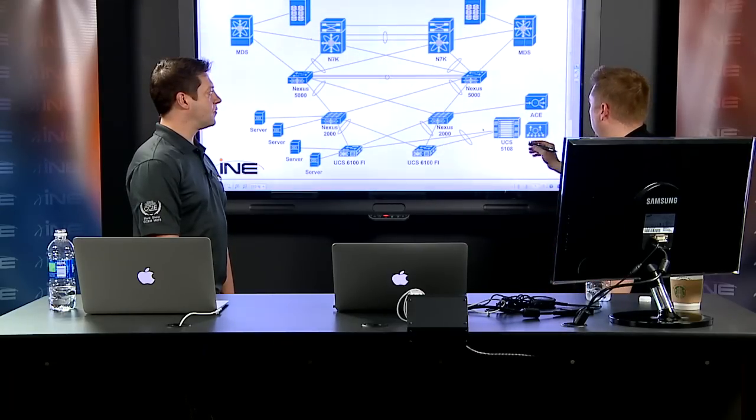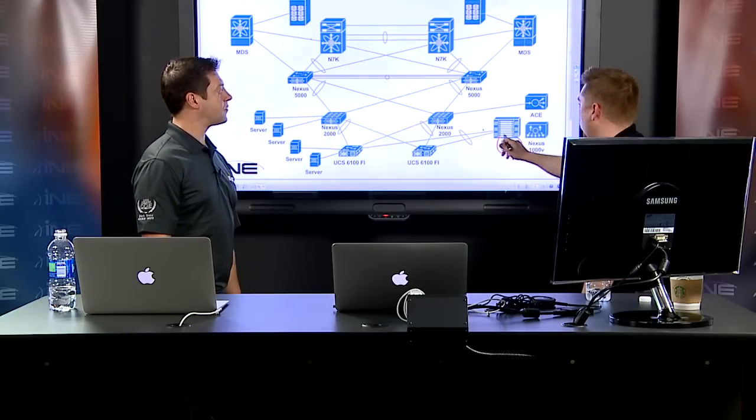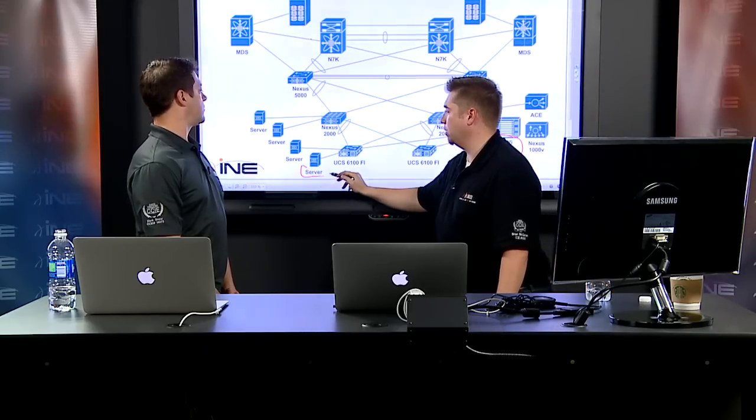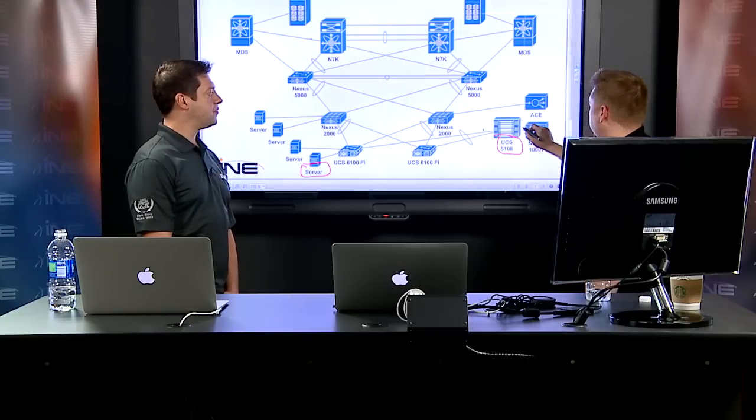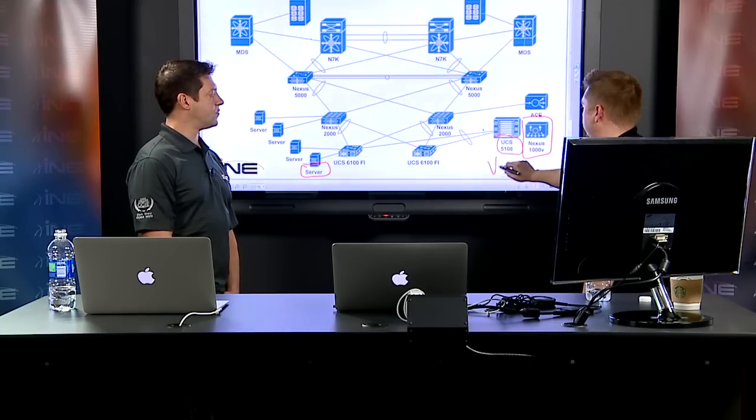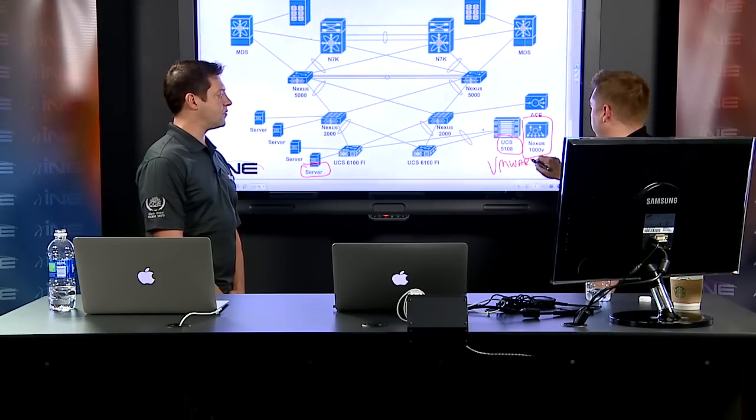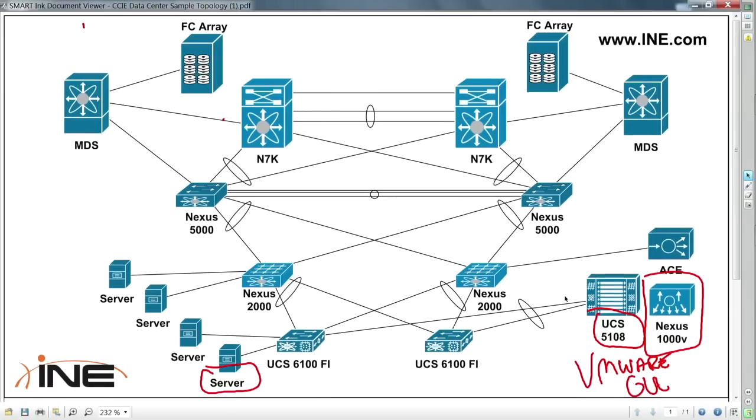So on your UCS chassis, or on just your regular bare metal server, like a 1U Dell server, you can take what is basically a VMware guest. And this is a logical representation of what would normally be your physical Nexus 5K or your physical Nexus 7K.